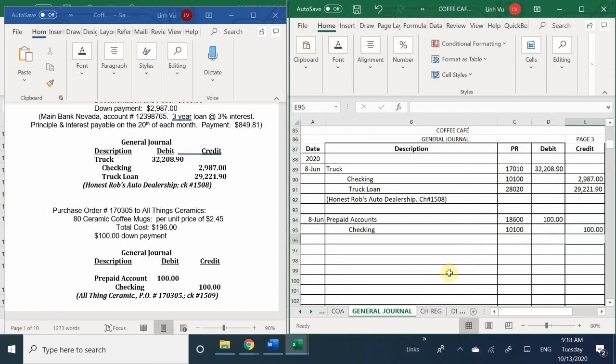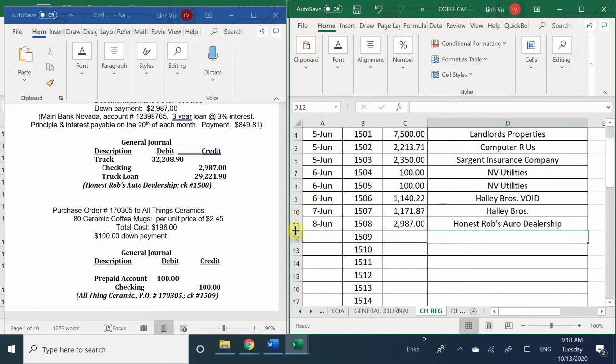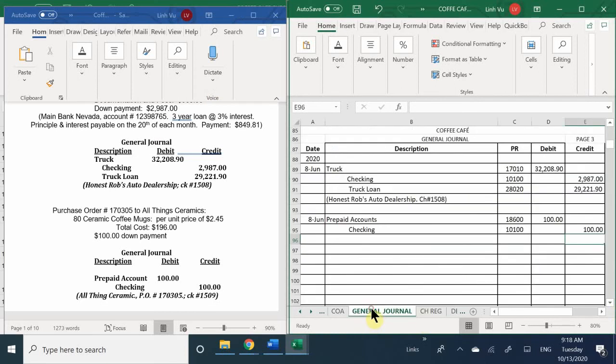Now let's fill that in my check register because I wrote a check. So 68. I wrote it for $100. And who did I write the check out to? All Things Ceramics. Okay, good. Now that I have my actual check number, which is 1509, I'm going to update my general journal so I know what this transaction is.